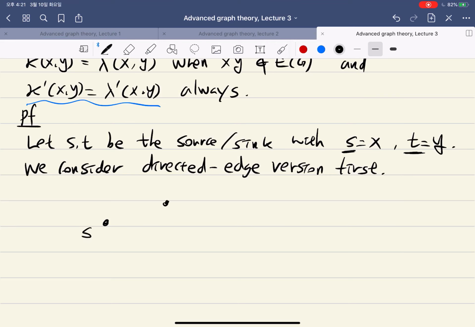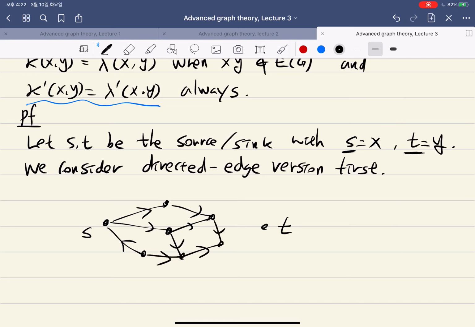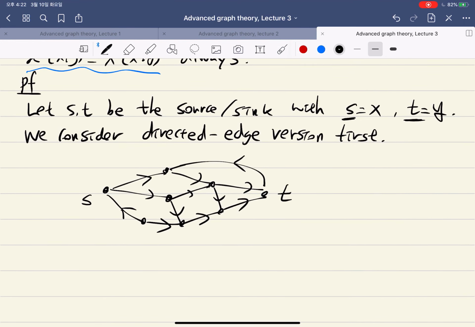So this is S, and this is T. Say this is a directed graph, and we want to make it a network.